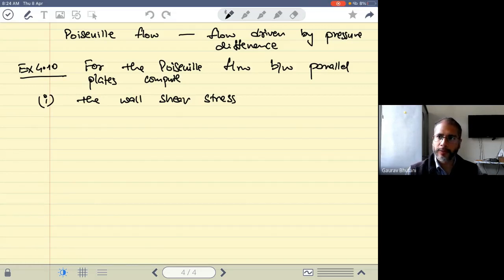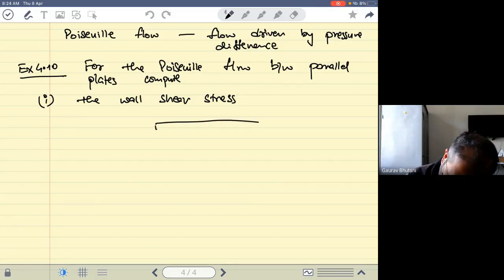Now, when the fluid flows inside these two channels or the plates, what will happen is that there will be some friction that the plates will provide, and this friction will slow down the fluid, because you have to constantly maintain that pressure difference. And to maintain that pressure difference constantly, you have to have a pump that constantly maintains that pressure difference. So there is something that is resisting the flow of fluid between the channels, and that resistance is coming from the force of shear from the walls. So we'll have to find that wall shear stress.